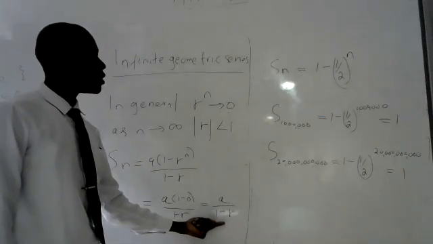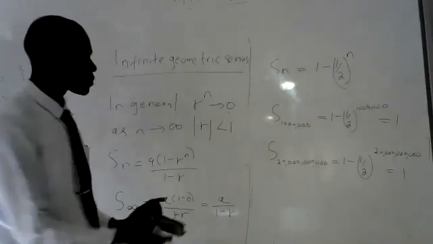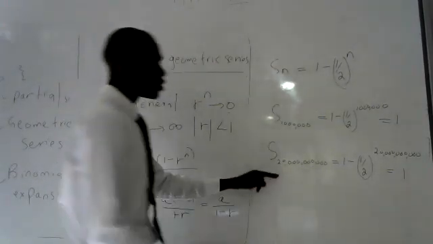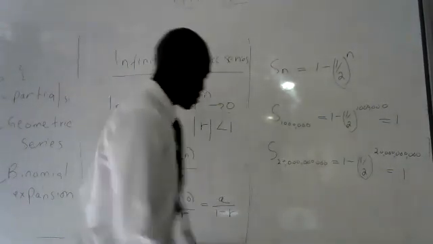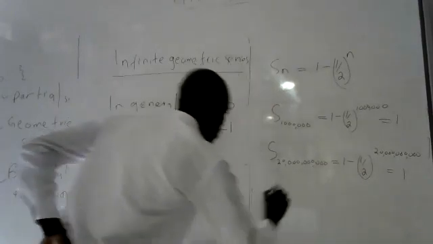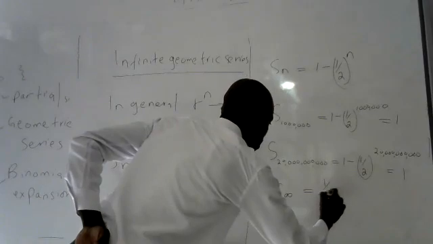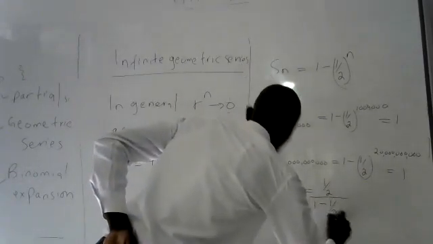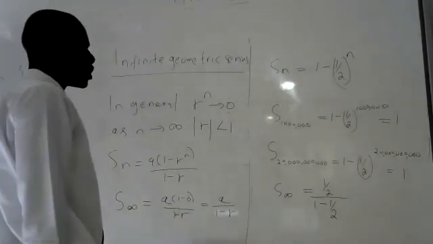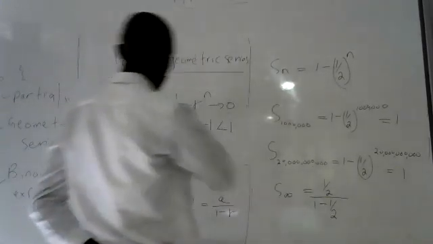For example, the sequence that we had, of course, up to 20 billion was giving you 1. But if I wanted you to find S of a million terms, you just take the first term, which was a half, divided by 1 minus a half, which is the common ratio. Because a half was the common ratio, noting that a half is less than 1.